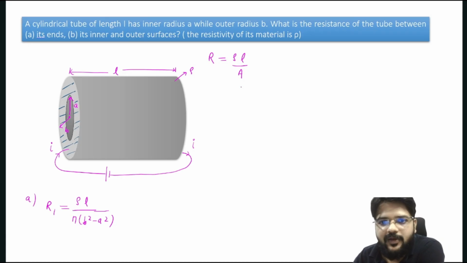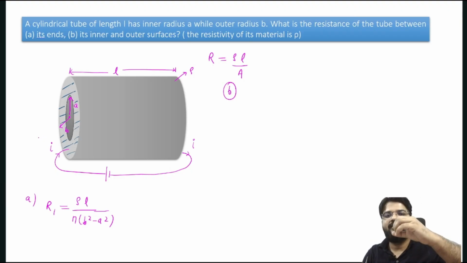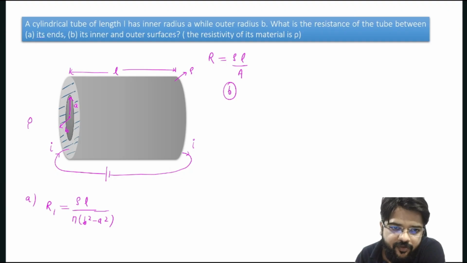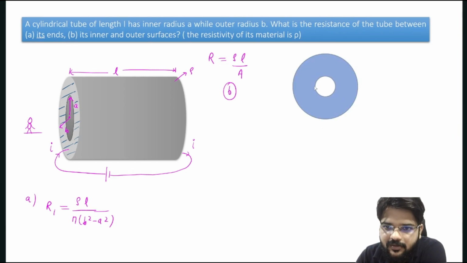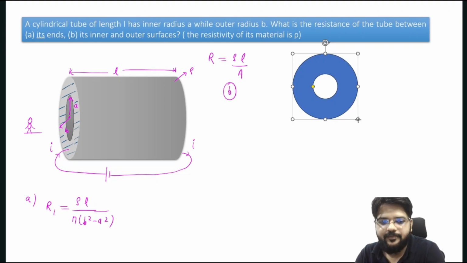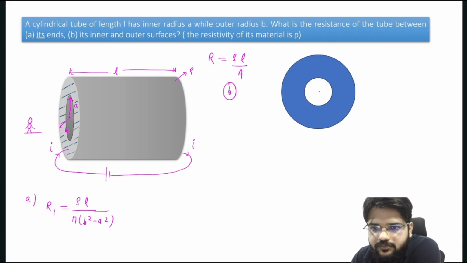Now let's see the second part, the B part. What is happening? Let's suppose this is a cylinder, all right? Current is entering from the inner surface and exiting from the outer surface. If you look at this cylinder from the front side, it will appear like a circle, so the inner radius and outer radius we already have.